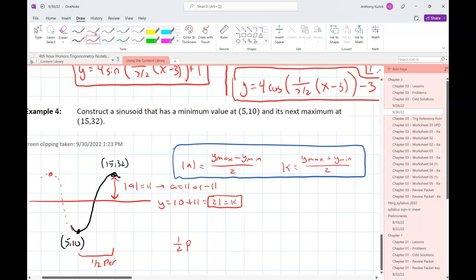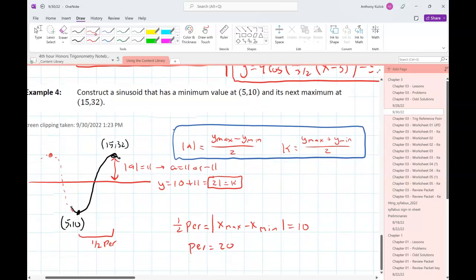So I know that 1/2 my period is going to equal, let's just put it as an absolute value, x max minus x min, because we want a horizontal distance for the period. So that's going to be 10. So how far is one period then? 20.